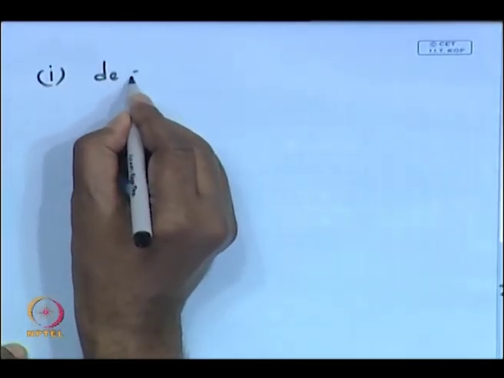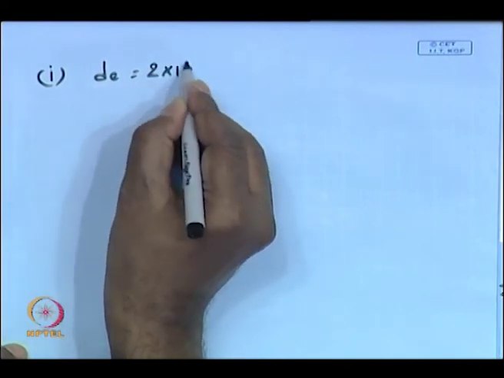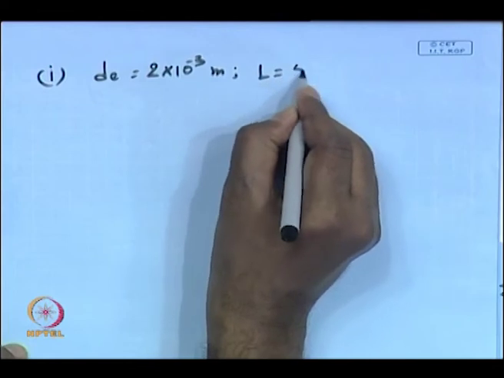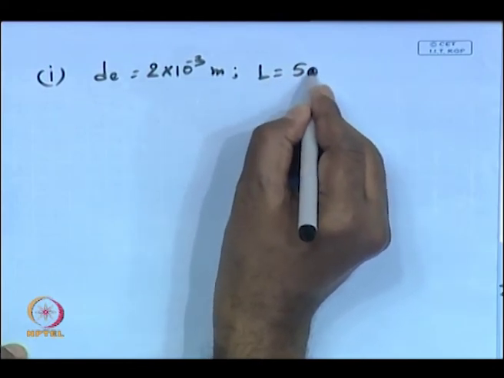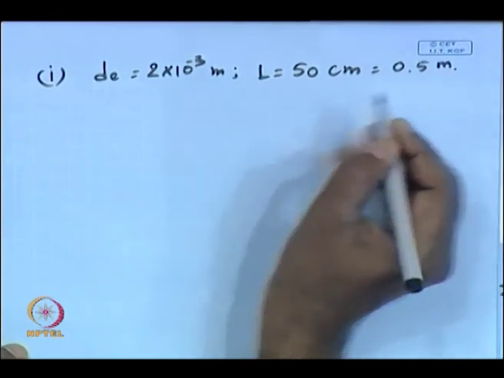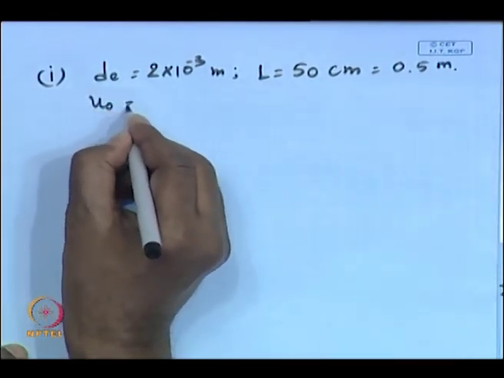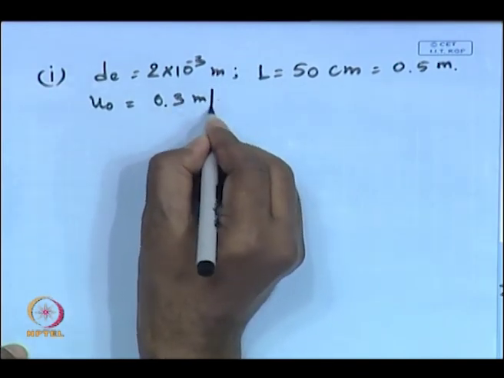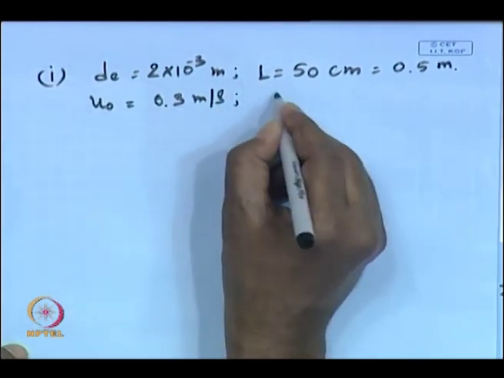D equivalent is 2 millimeter, 2 into 10 to the power minus 3 meter. L is 50 centimeter, so 0.5 meter. U naught is 30 centimeter per second, so 0.3 meter per second.